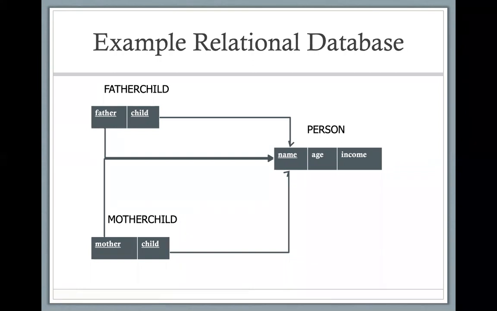The attribute father references name of person, and the attribute child references name of person. Same thing in mother-child, two foreign keys to the person table. The primary key of person is name, and for father-child it's father and child, and for mother-child it's both attributes mother and child. Okay, good.